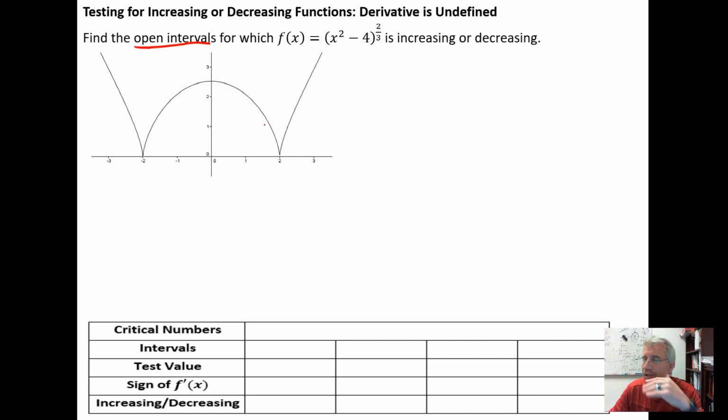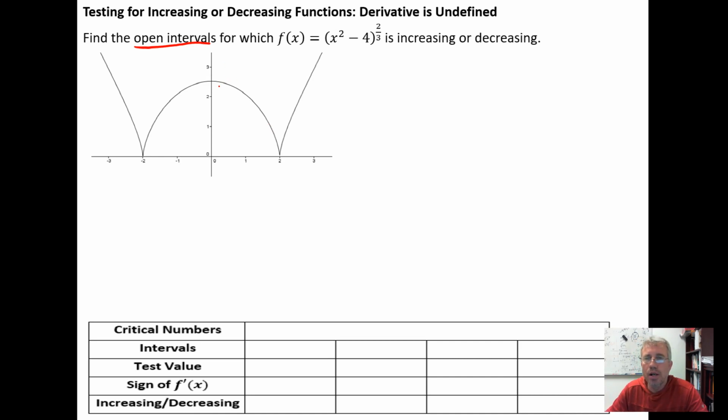And I've included the graph again as a visual aid, but if we're using calculus to determine increasing and decreasing functions, we actually don't need to see the graph. But being able to see and observe the graph does give us kind of an answer key for the problem and helps us to identify if we've made a mistake or not.